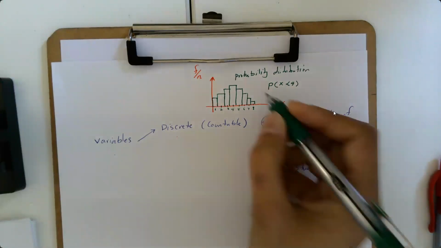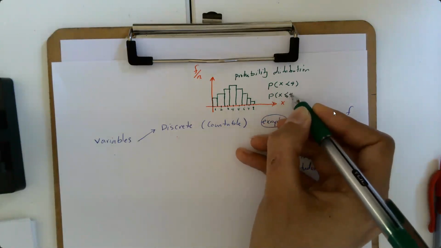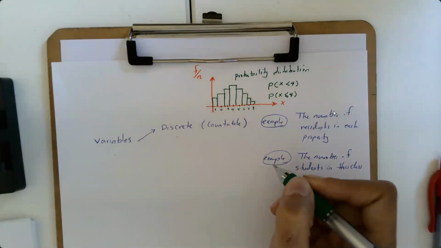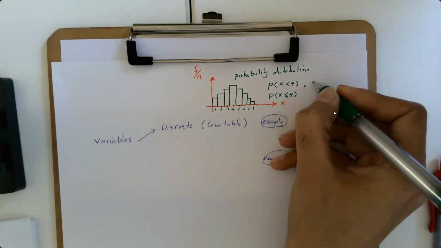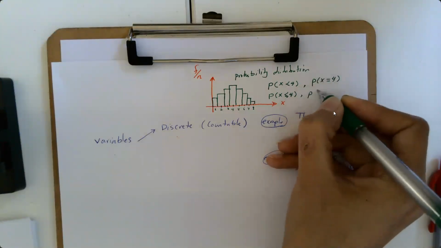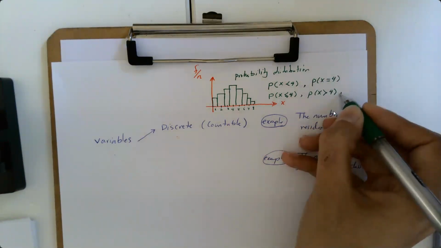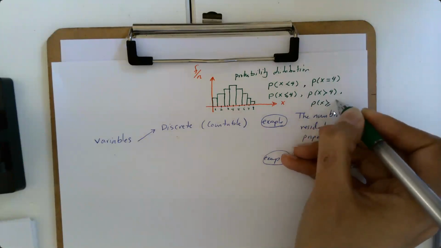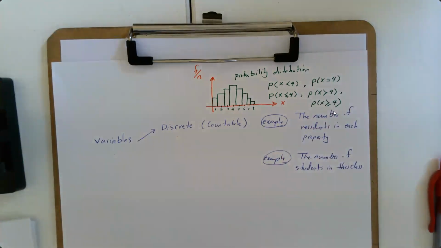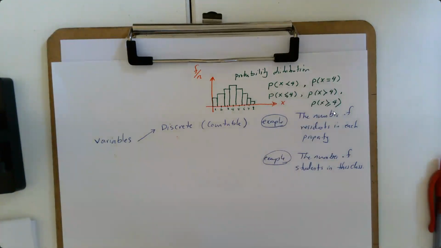We can find the probability that x is less than or equal to 4, the probability that x is exactly 4, the probability that x is larger than 4, and also the probability that x is larger than or equal to 4. Based on the question, we can find each of these probabilities.